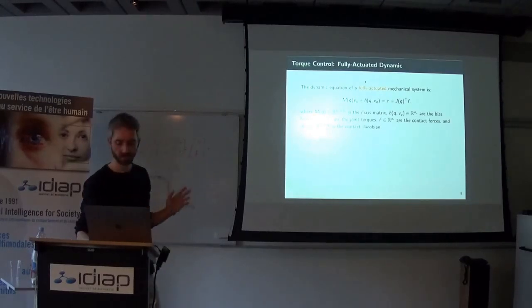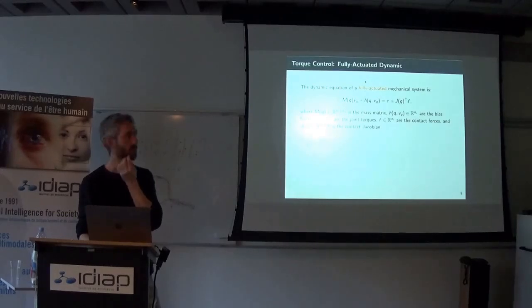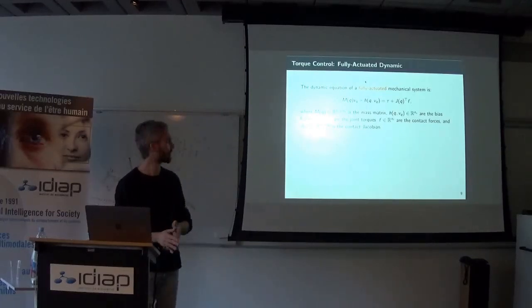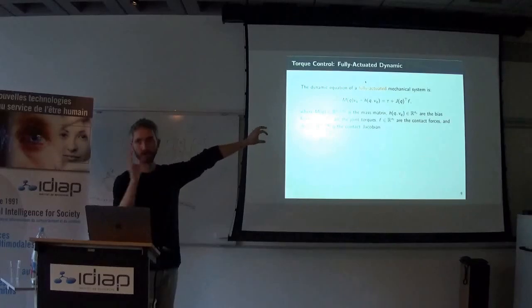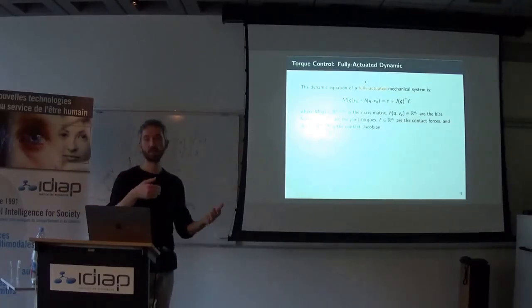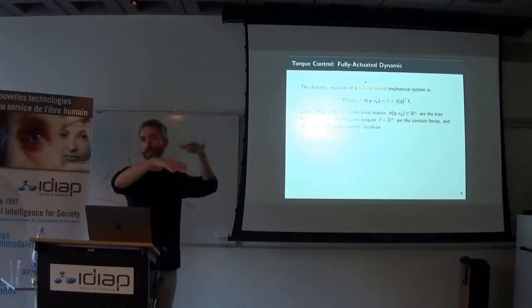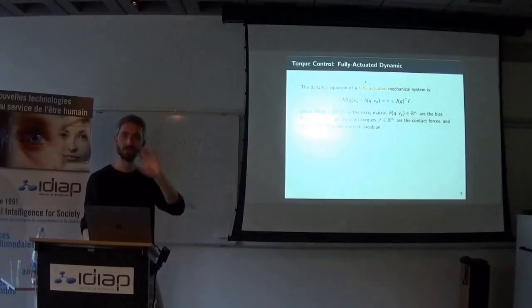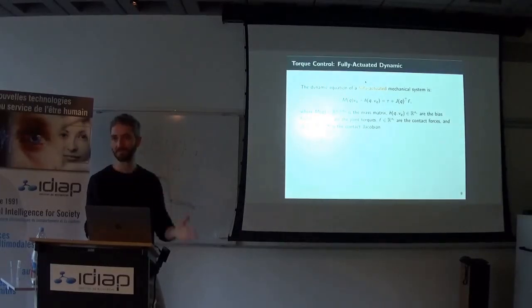Okay. So either tau or f can contain forces and torques? Yeah, in general. Actually, they are the same, just that tau are the forces and torques generated by the actuators, and f are the ones generated by the contact with the surroundings. But they can be both Newtons or Newton meters.